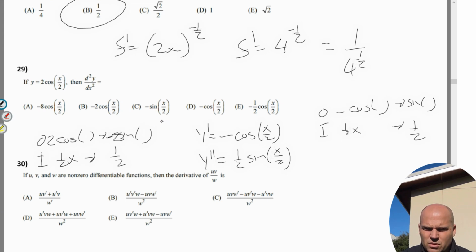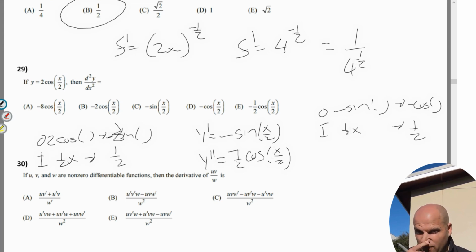Shoot. It's a sine. Oops. Which means keep the negative. Negative 1/2 cosine x over 2.